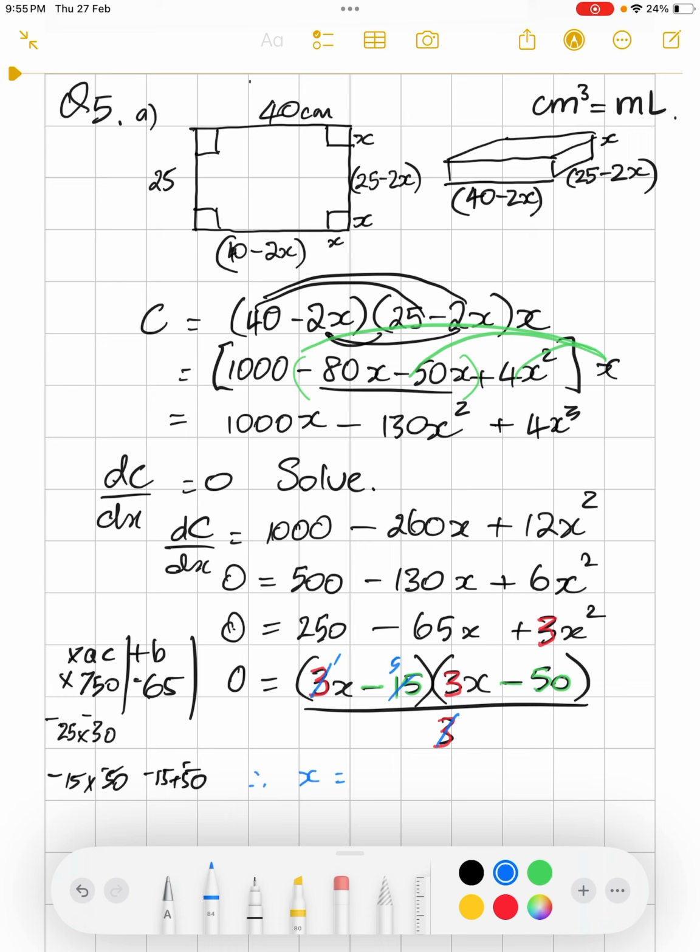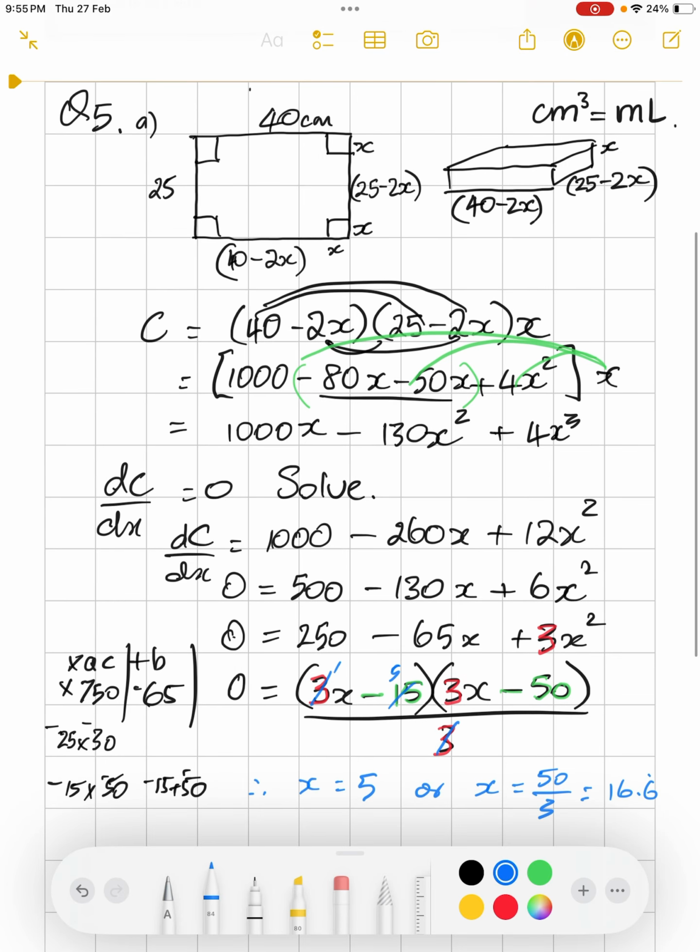Therefore, x will equal 5, or x will equal 50 over 3, which is about 16.6 recurring. However, 16.6 recurring won't work because we don't have enough. So this is the only solution. 5 is the best solution.